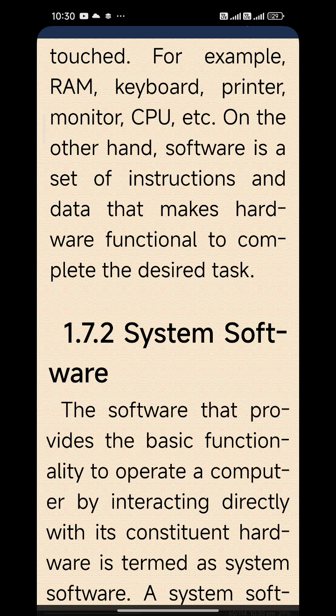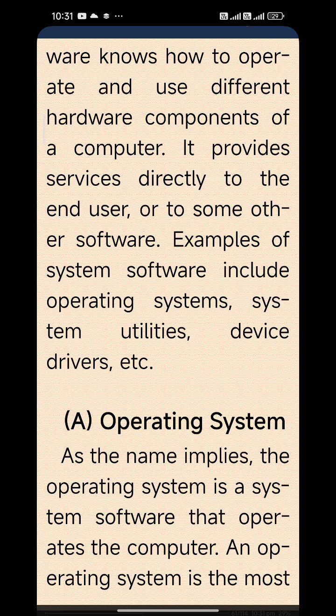1.7.2 System software. The software that provides the basic functionality to operate a computer by interacting directly with its constituent hardware is termed system software. A system software knows how to operate and use different hardware components of a computer. It provides services directly to the end user or to some other software.